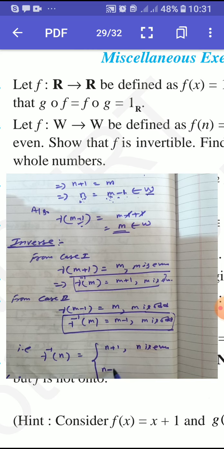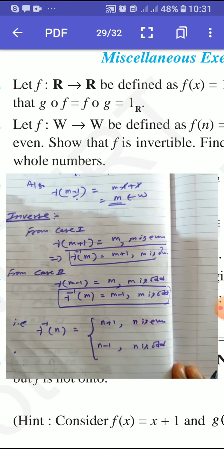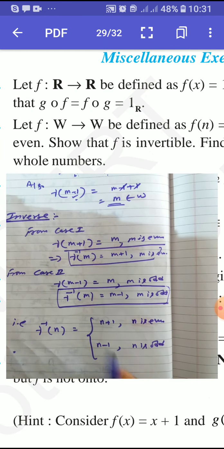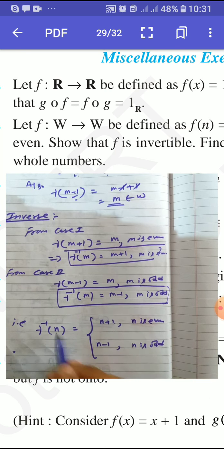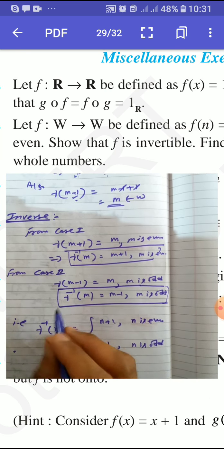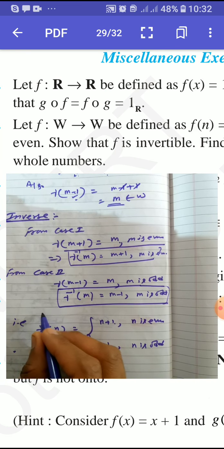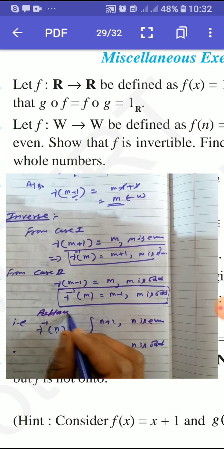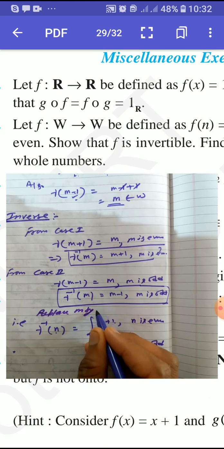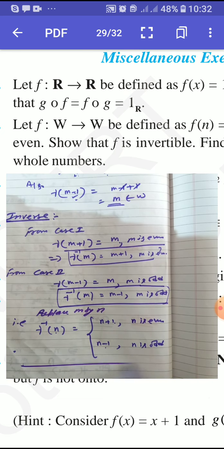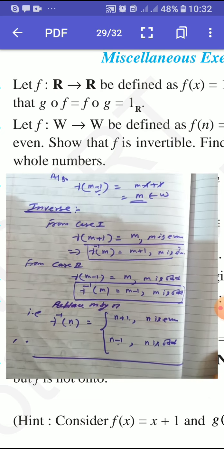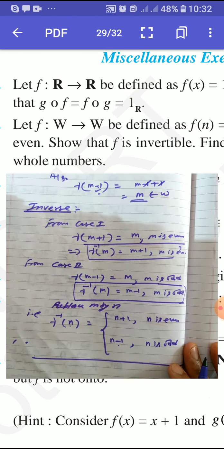And n minus 1, n is odd. So this is the standard answer, right? How you write this n plus 1, n minus 1? Because I have this replace. We can write here replace m by n. So you can write the inverse like that. So my dear friend, I hope you understand this question.